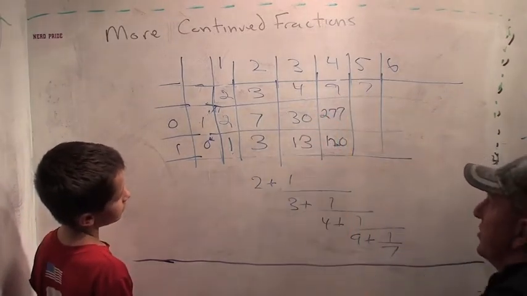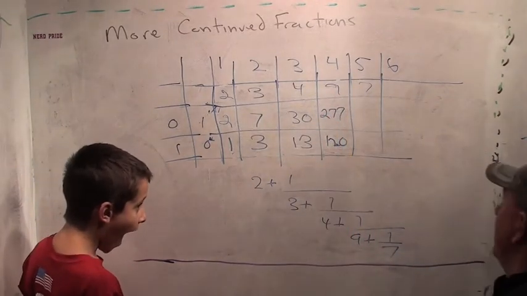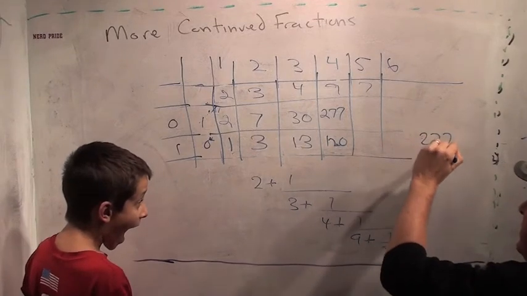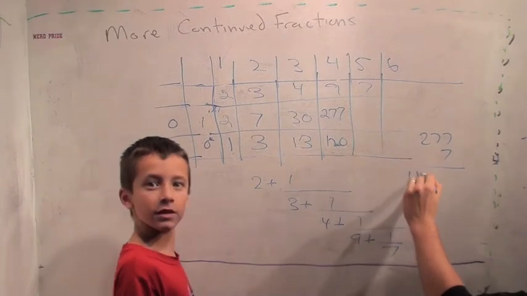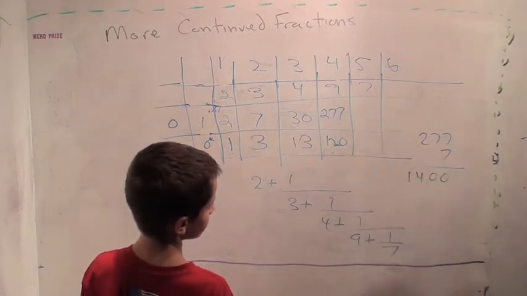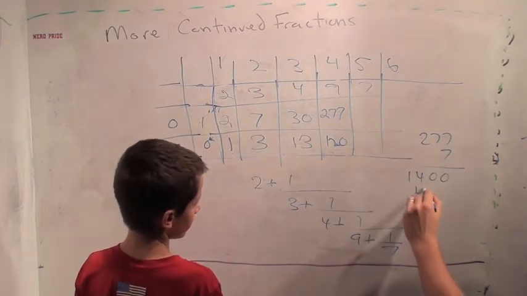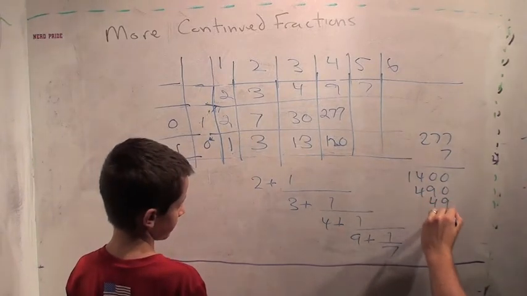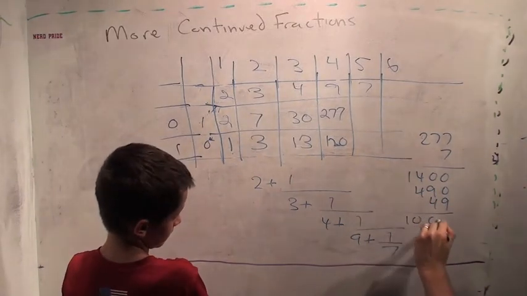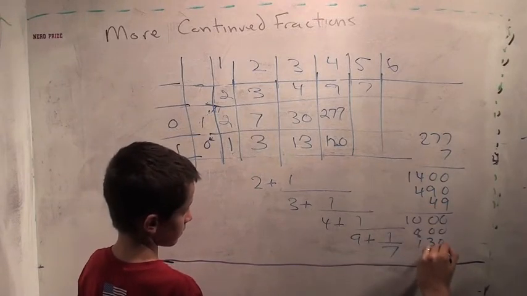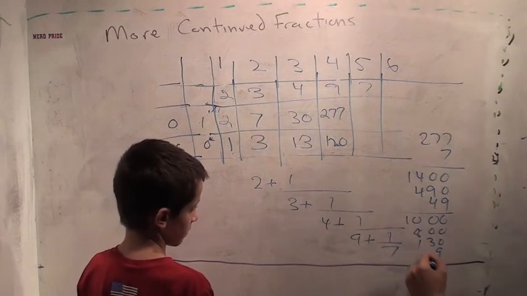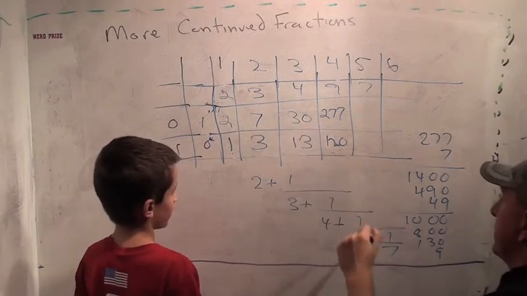Now we have to do 7 times 277. Okay, so 277 times 7. I hope this is on camera. So that's going to be 1400. What's 7 times 70? 490. And plus 49. So that's 1000 plus 800 plus 130 plus 9, which is 1939. Whoa! Plus 30.